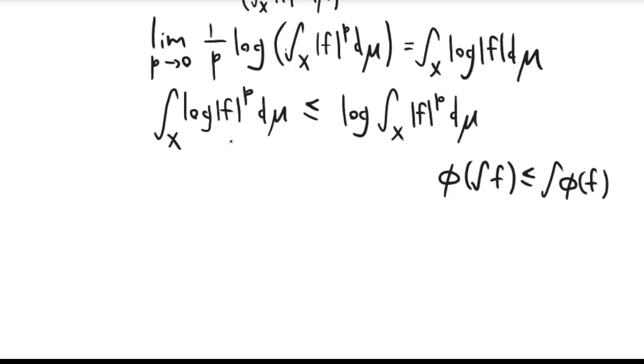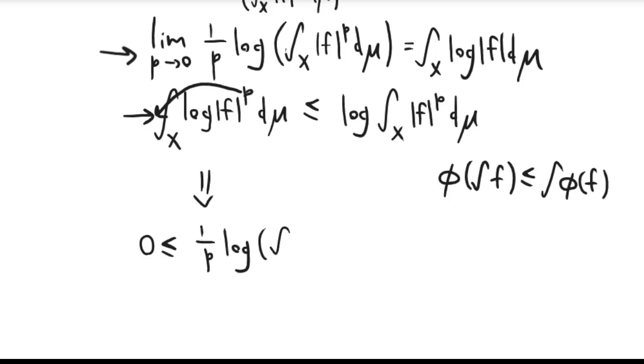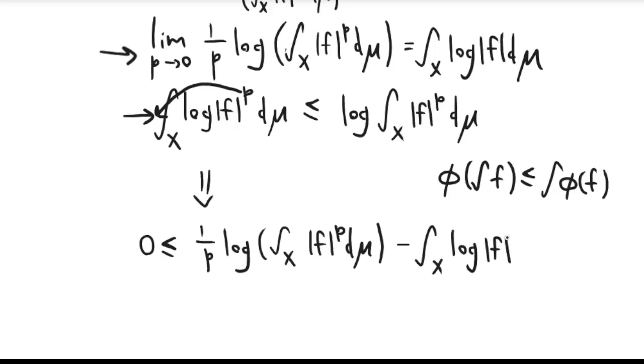Okay. So this expression looks kind of like this one. In particular, if we bring the p down and we rearrange a little bit, we see that this is the same as 0 is less than or equal to 1 over p log integral absolute f to the p d mu minus integral log absolute f d mu.